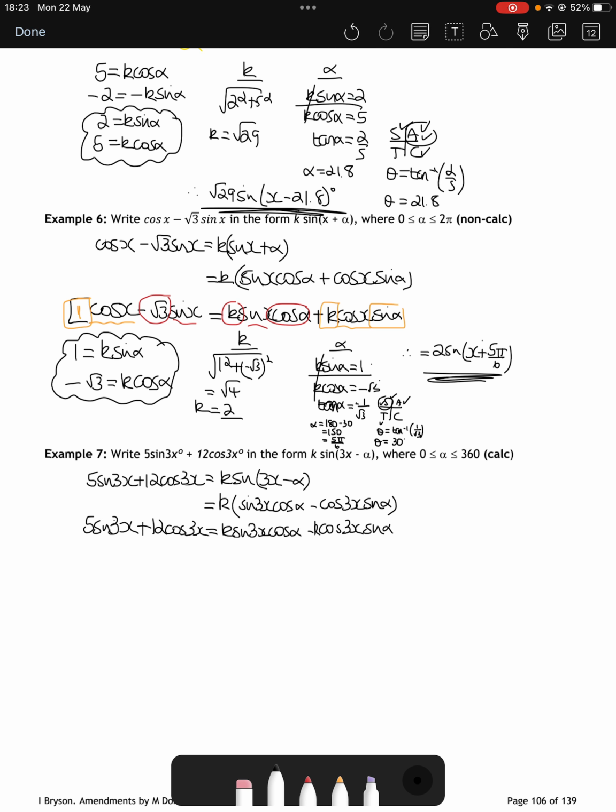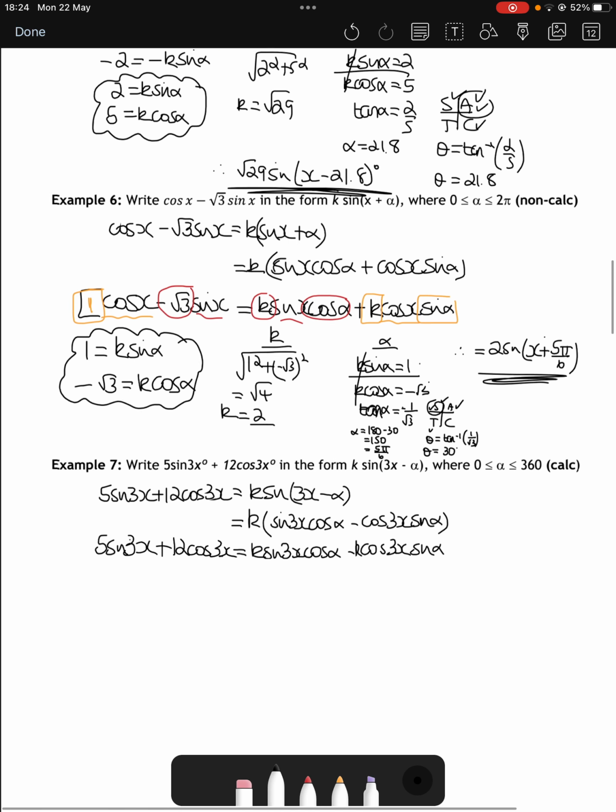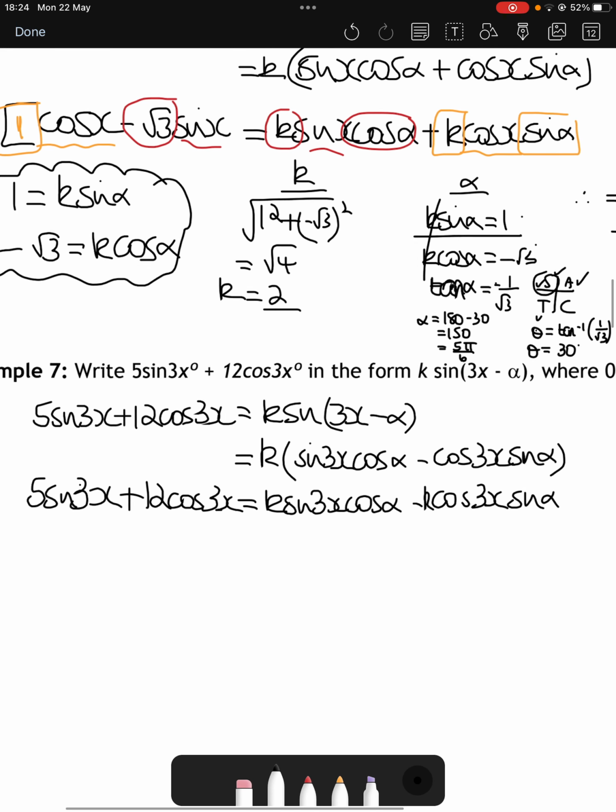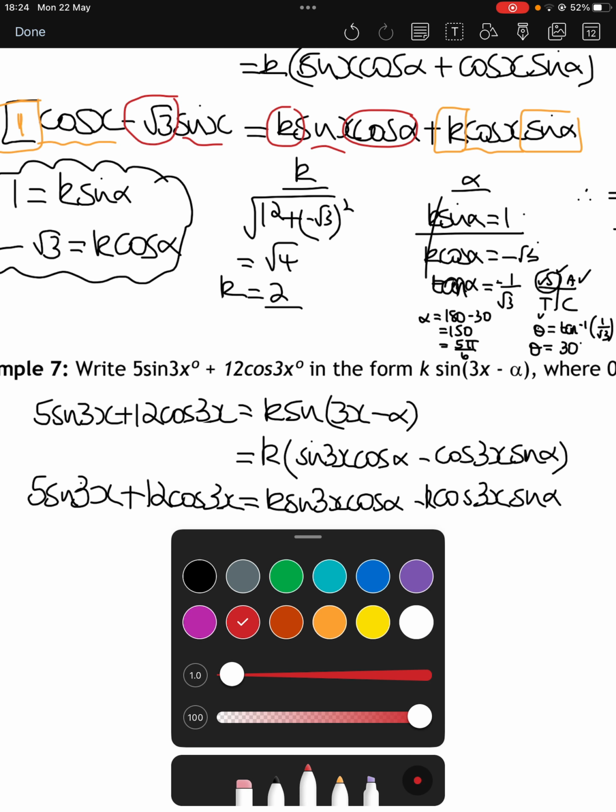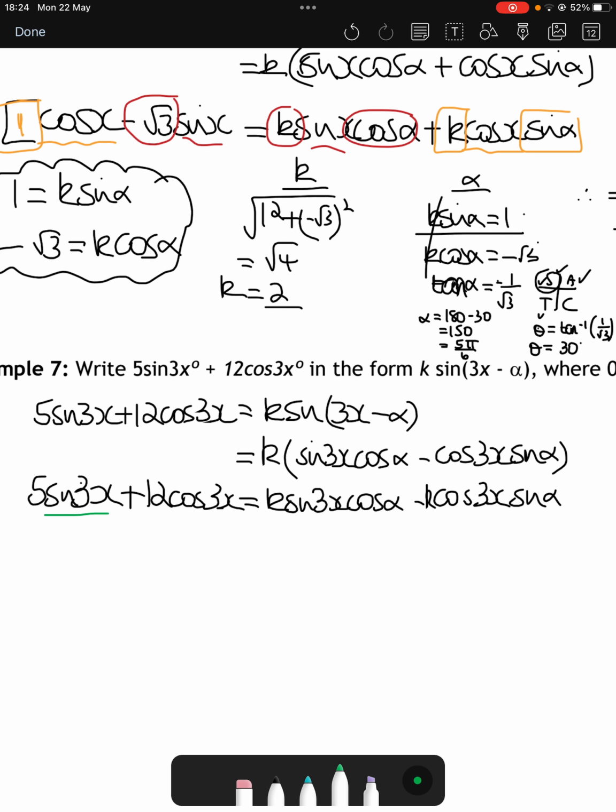Okay, here we are. So what we're going to do is match it out. Now, this time we are matching 3x's. So 3x with 3x, 5, k cos alpha.